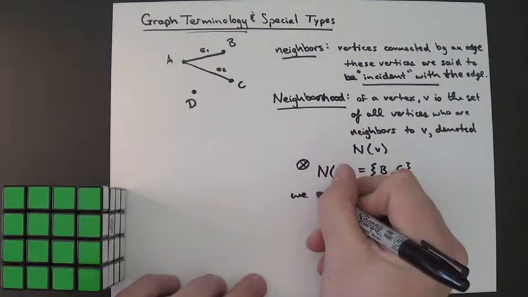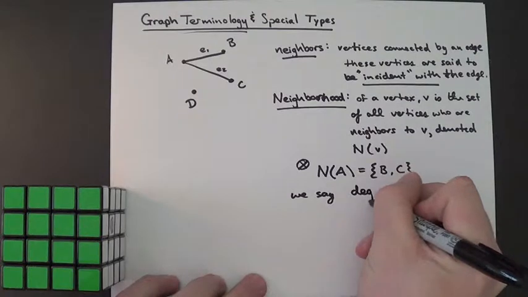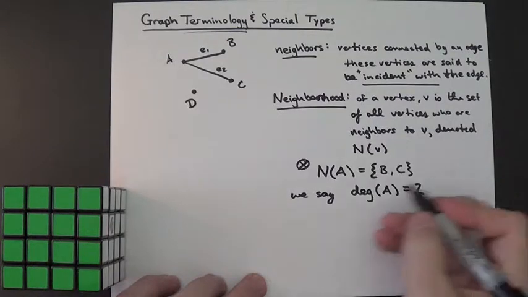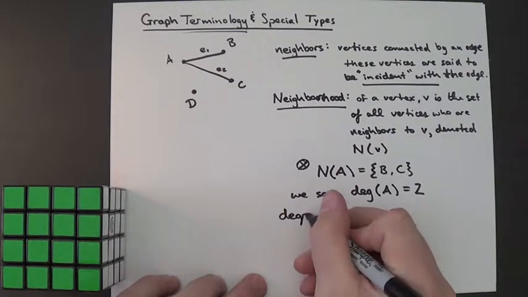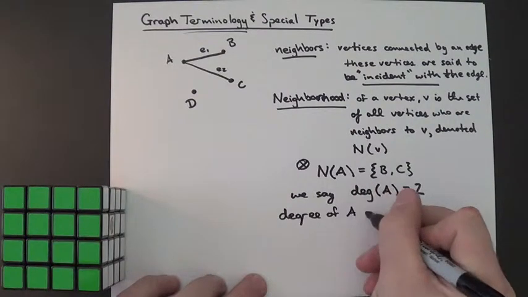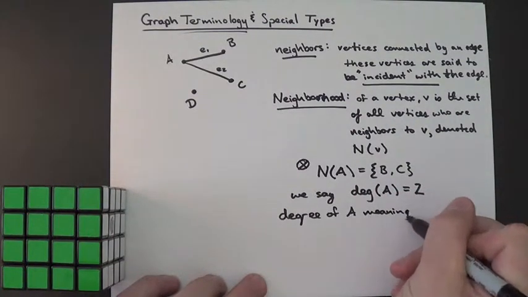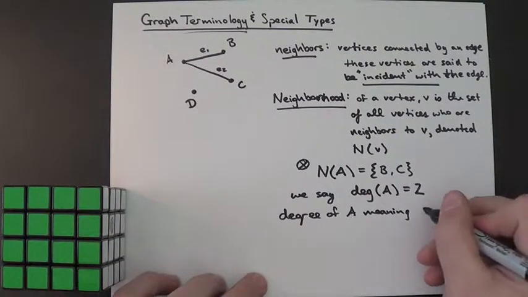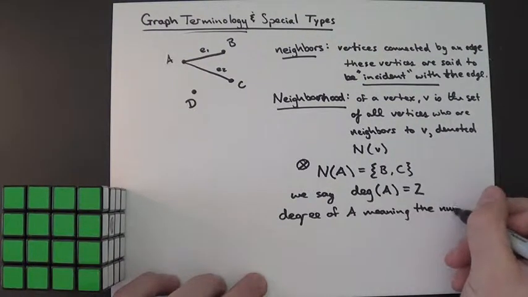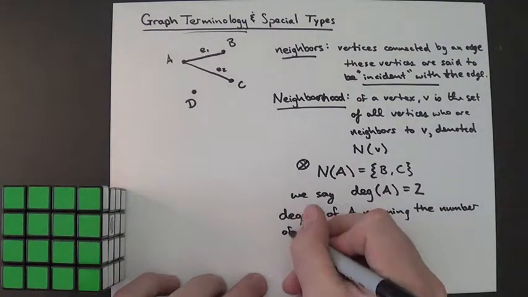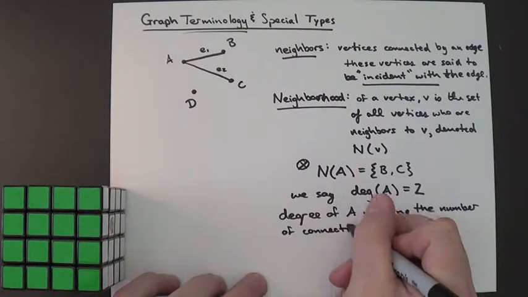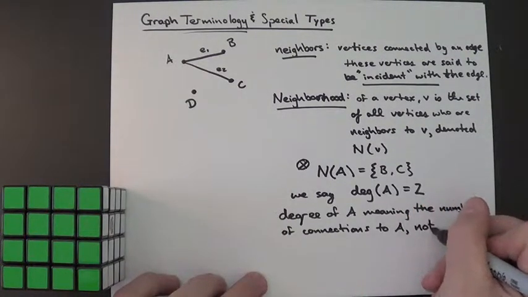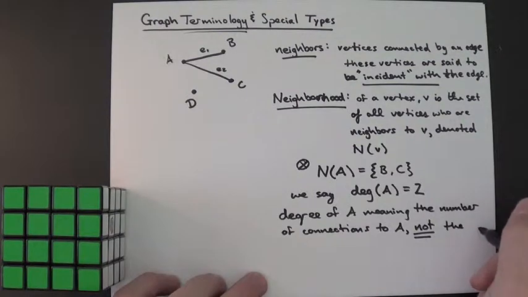And we say the degree of A is 2. Degree of A meaning the number of connections to A, not the number of neighbors.